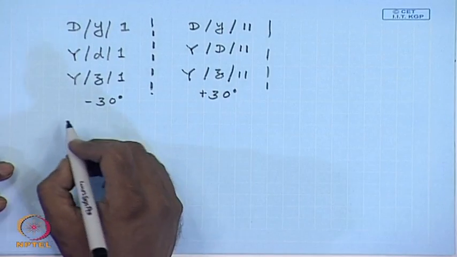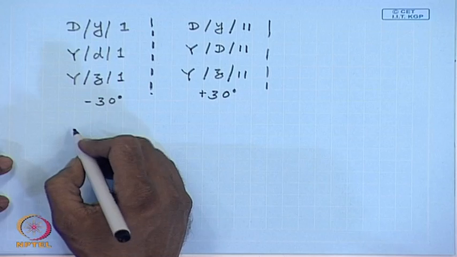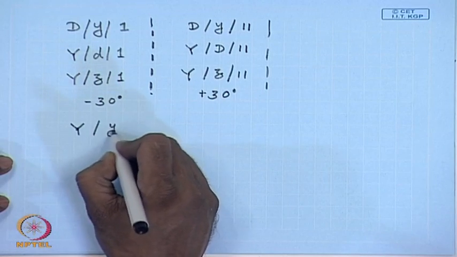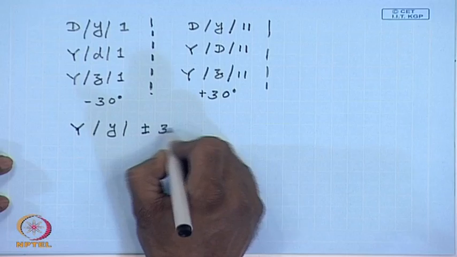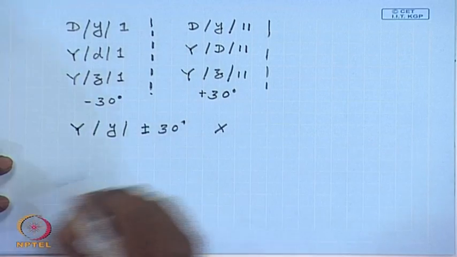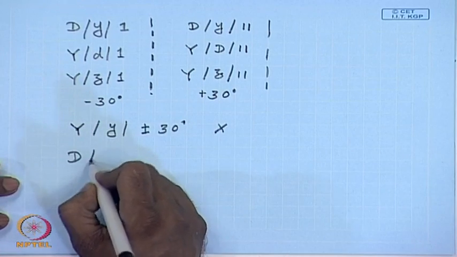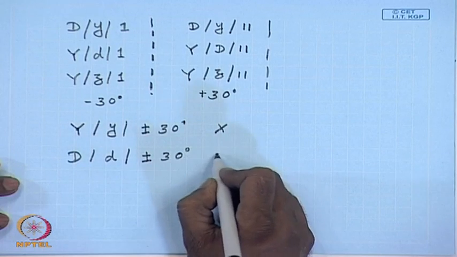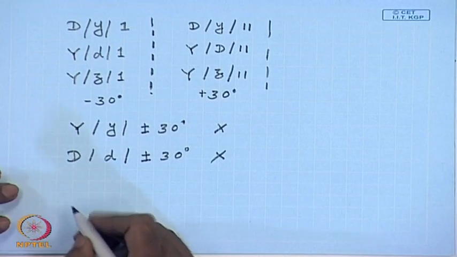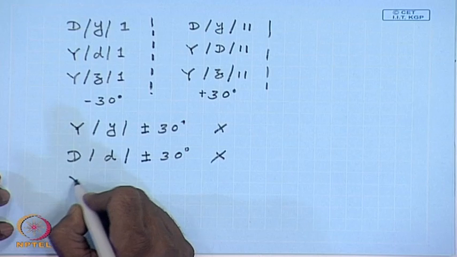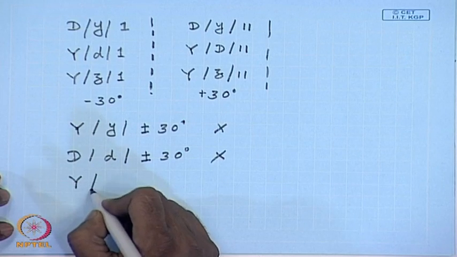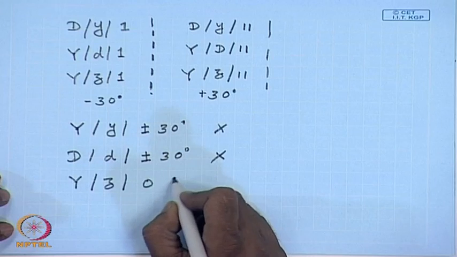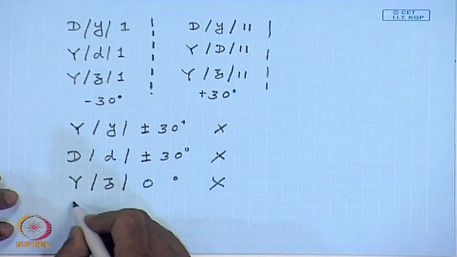The configurations that are not possible are Y plus or minus 30 degree, this is not possible. D plus minus 30 degree, this is also not possible. Y Z 0 degree, not possible.